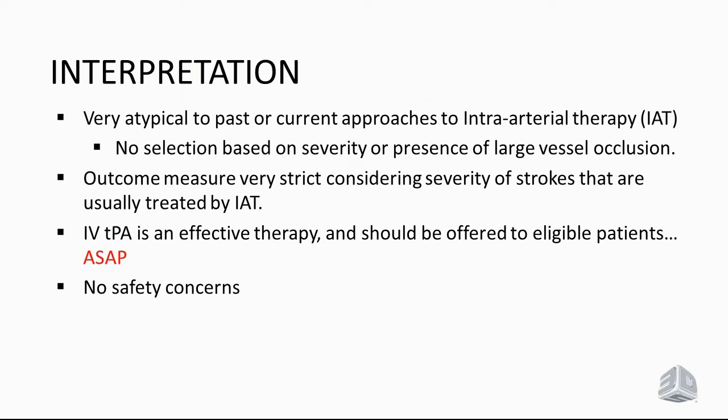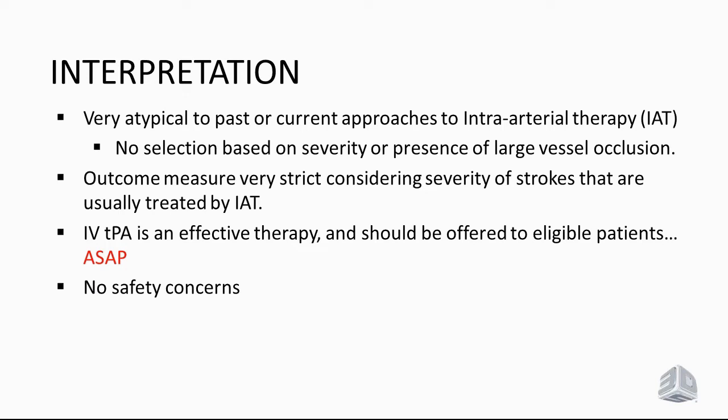And at least in one of the trials, the outcome measure was very strict. It was a Rankin score of 0 or 1. Many of the other trials, both before and since then, use a Rankin score of 0 to 2, so a little broader, less restrictive definition of what is a reasonable quality of life after stroke.